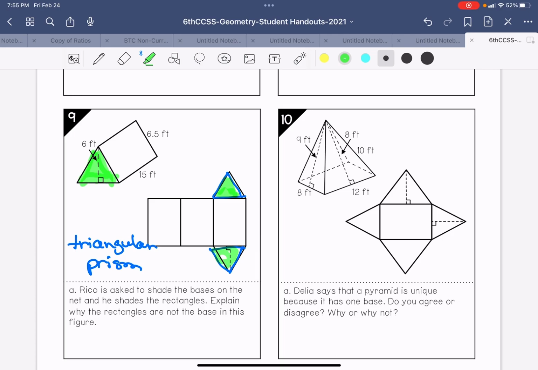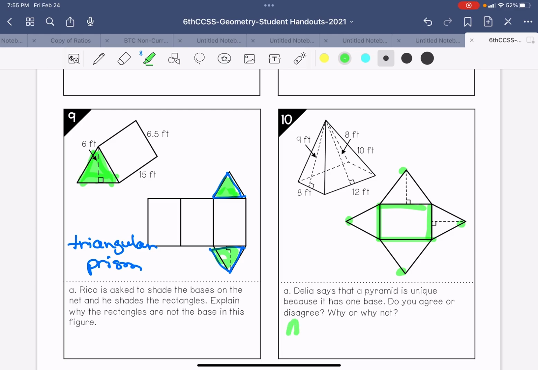Delilah says that a pyramid is unique because it has one base. Do you agree or disagree? This is the base. And if I folded these points up, that's going to make the vertex. So does this actually have one base?